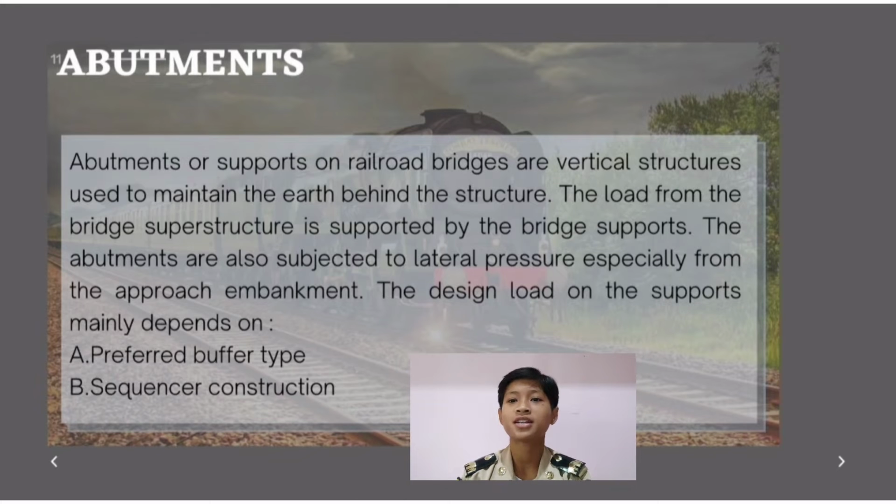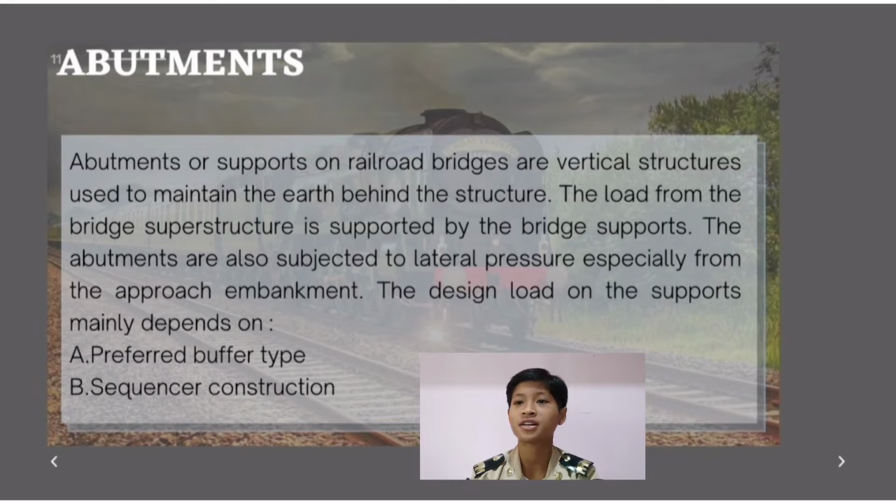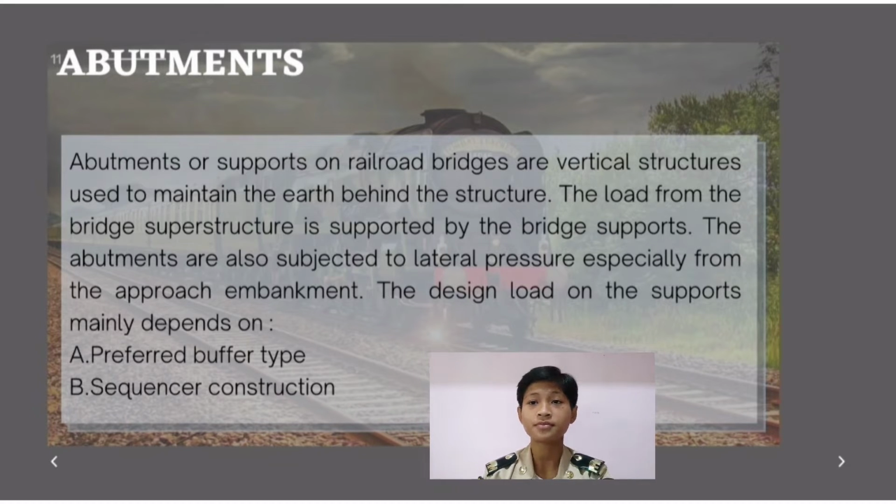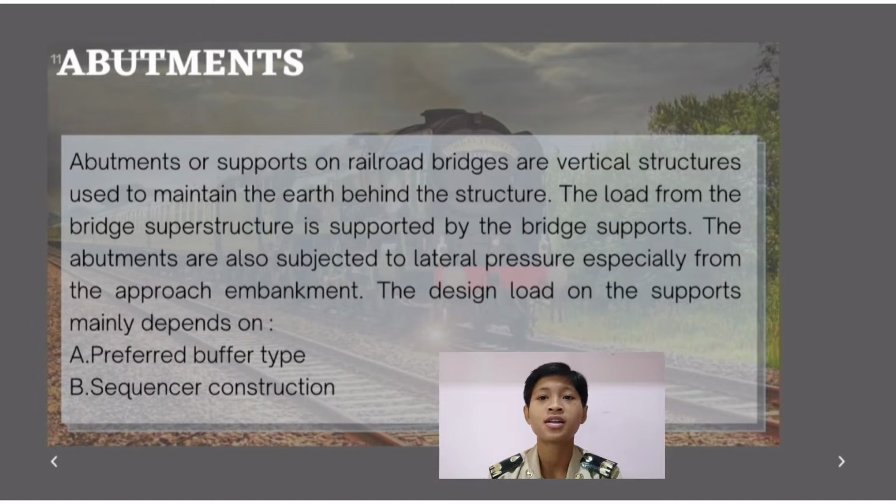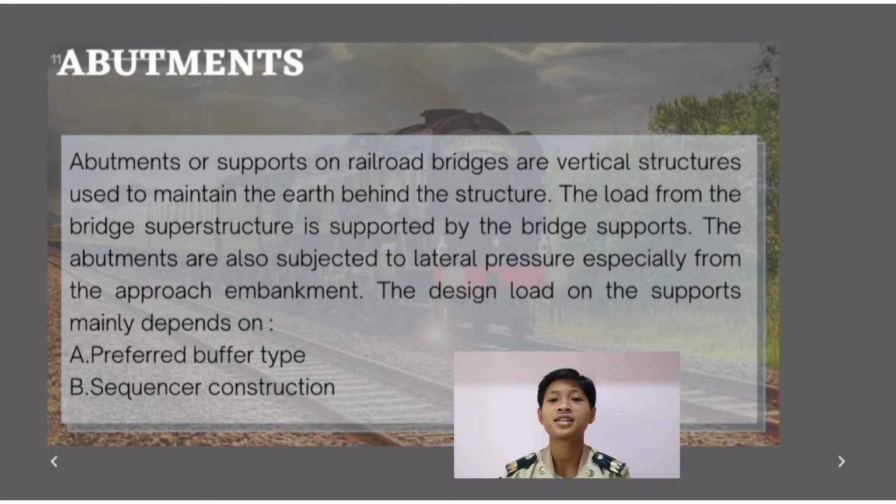The abutments are also subjected to lateral pressure, especially from the approach embankment. The design load on the support mainly depends on, first, the preferred abutment type, and second, the sequence of construction.